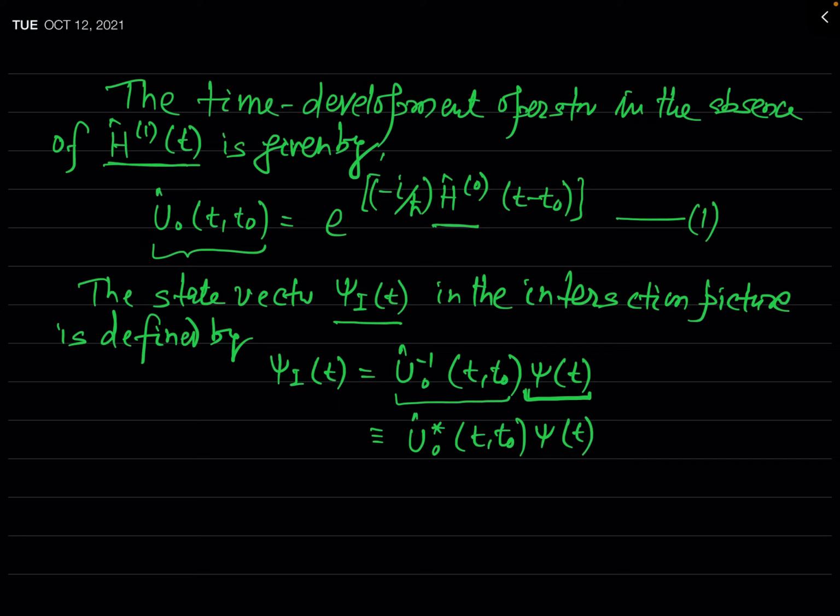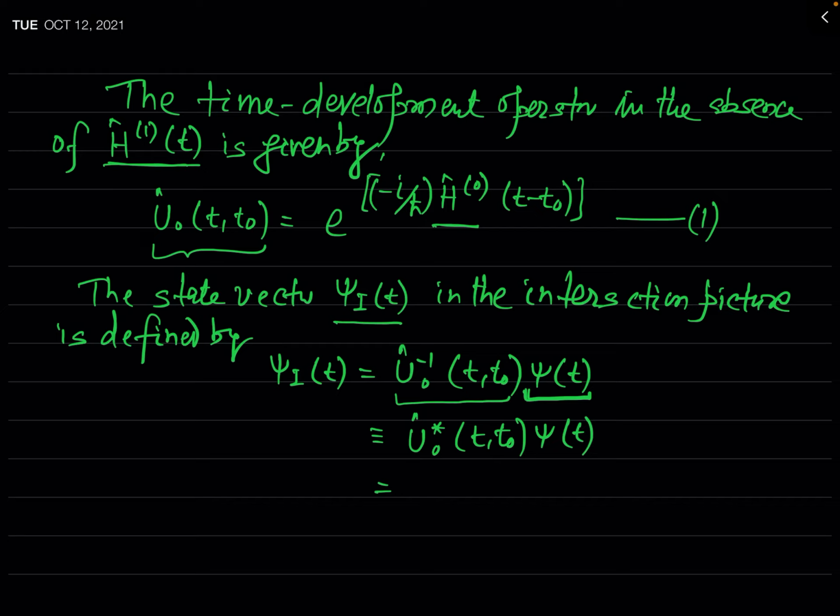We have defined the time development operator U naught hat in equation 1, but here there is its Hermitian adjoint. So what will this be? We simply take the complex conjugate of the operator U naught hat.